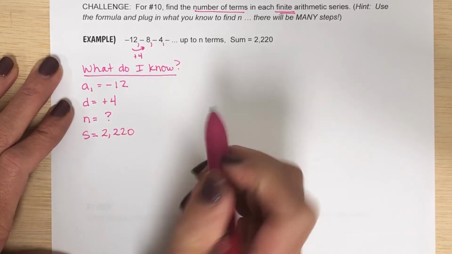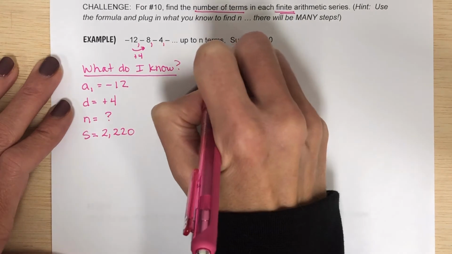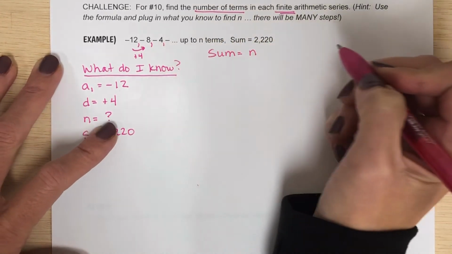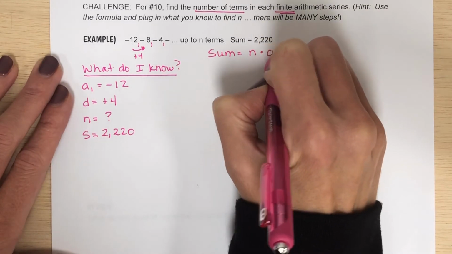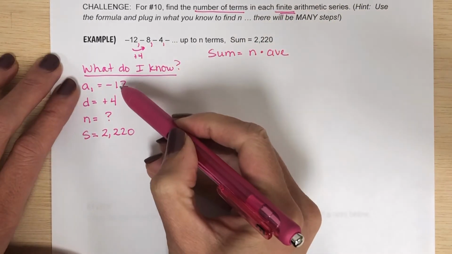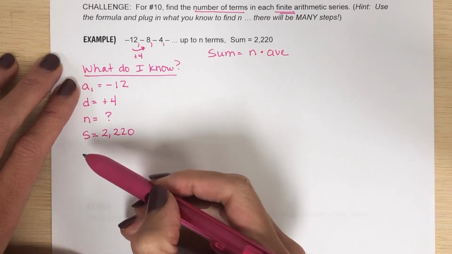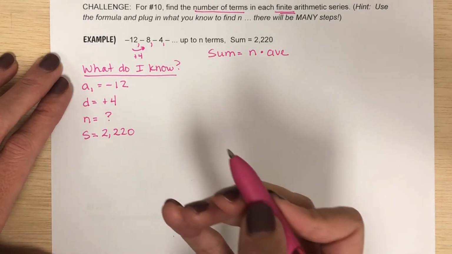And I do know that in order to find my sum, I need to know my number of terms, which I don't know, times my average of my first and last term, and I don't know my last term. So I need to know what my last term is.